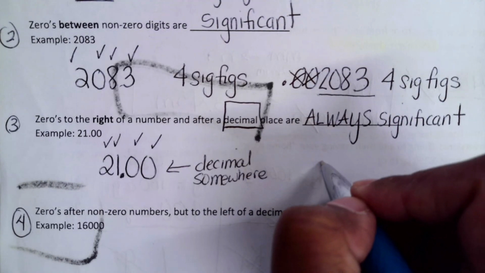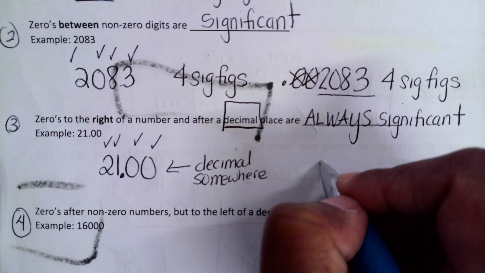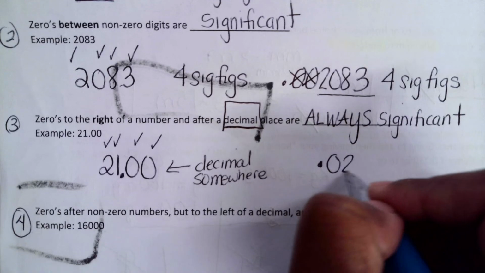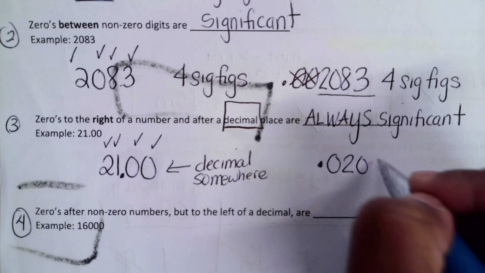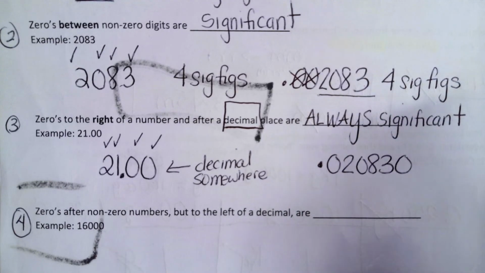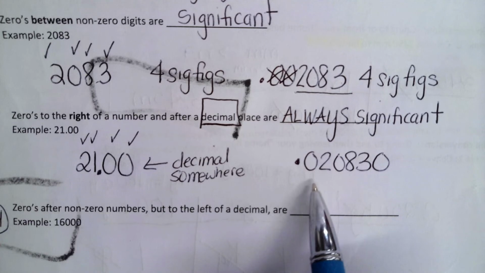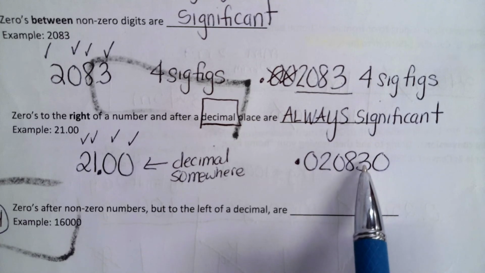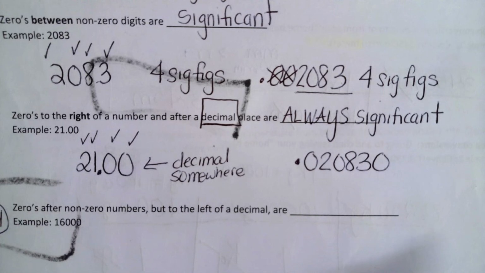What about this number? There's 1, 2, 3, 4, 5, 6. How many would we count? 4. All right, so I hear 5 and 4. Let's see.